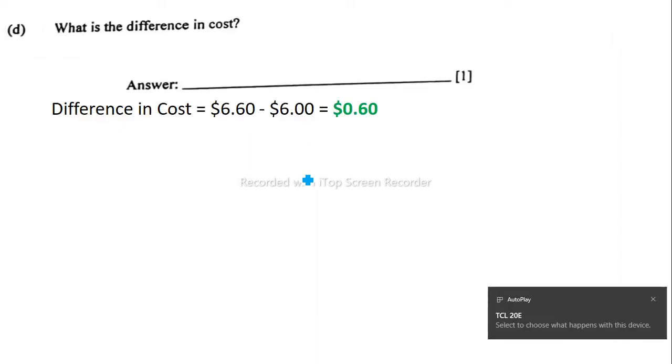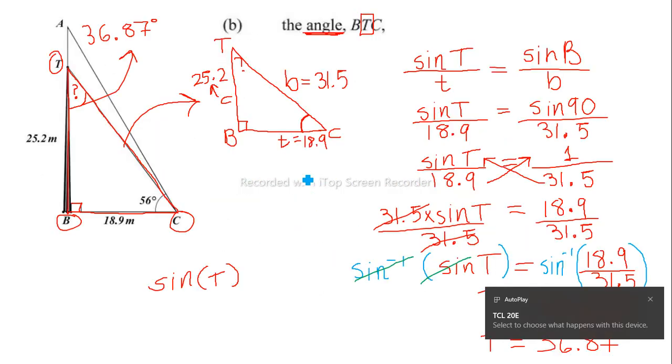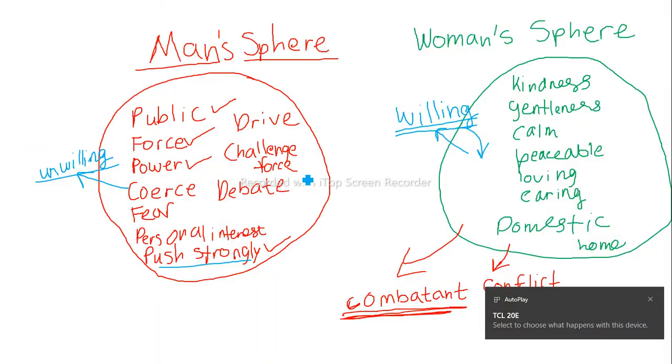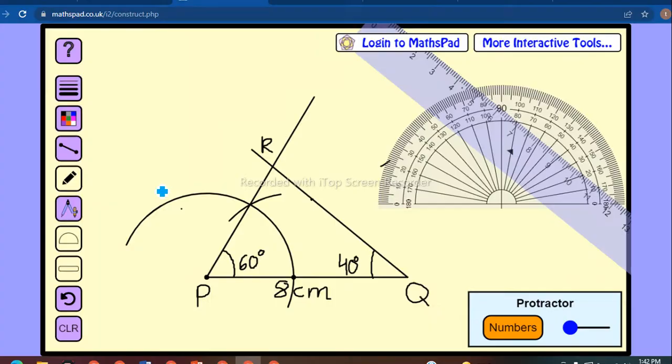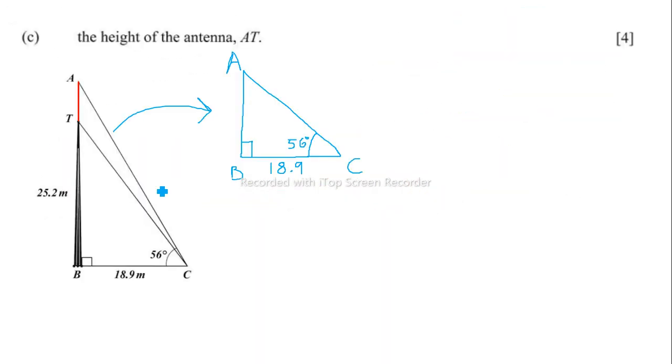One of the main criteria is that we must be given two sides. Are we given two sides of this triangle?